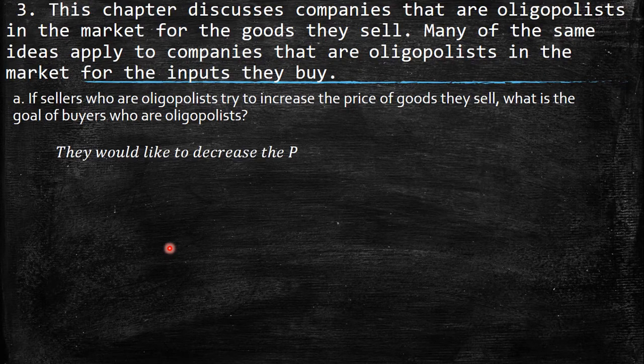Well, it should be basically the same, because when they want to buy something, the idea is they want to buy those inputs cheaper. So they would like to decrease the price. So this is the basic idea, instead of the other one, because the other one, remember, they really want to charge a higher price associated with fewer quantities.